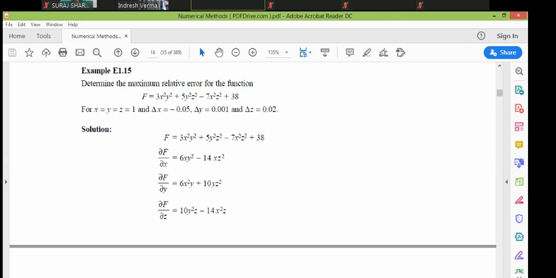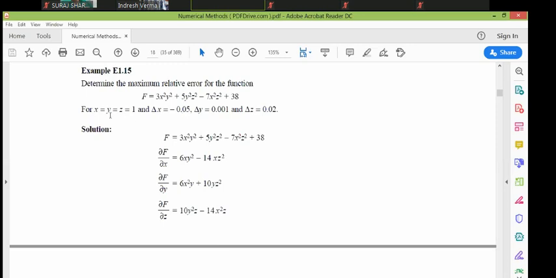For x is equal to y is equal to z is equal to 1 and delta x is minus 0.05, delta y is equal to 0.001 and delta z is 0.02. This is minus. Minus means, when x is equal to 1, then you are measuring it what? Who will tell?